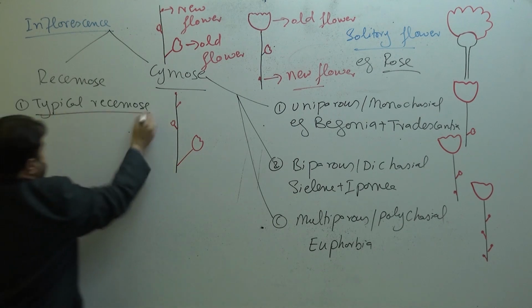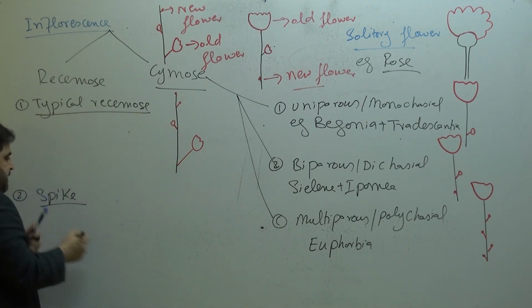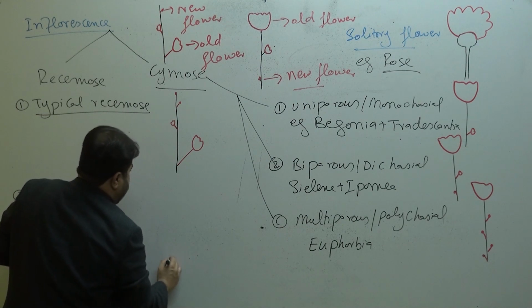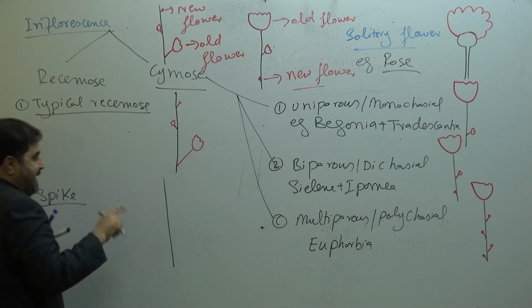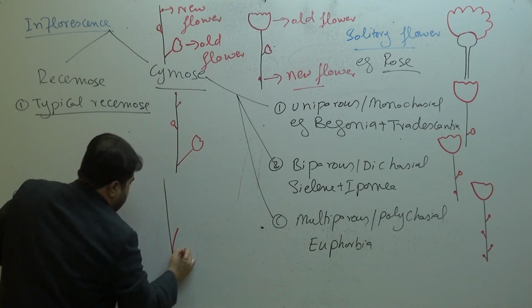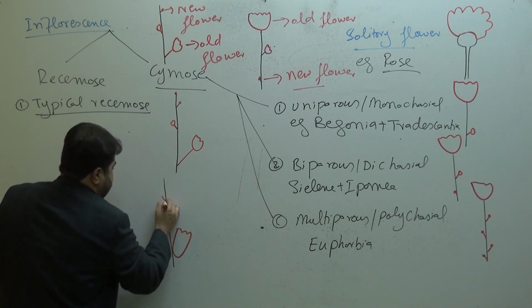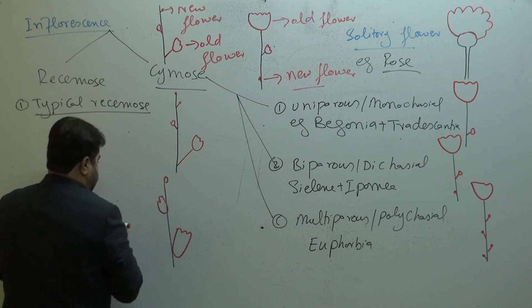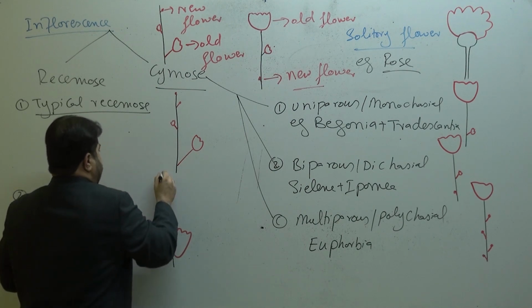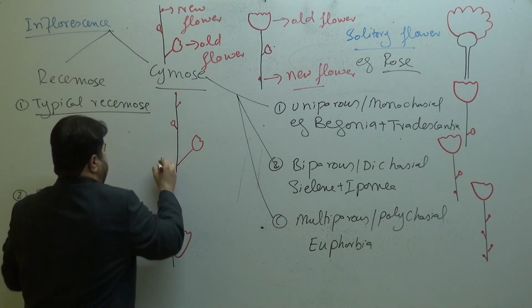In a spike, the main axis continuously grows and produces flowers, but here the flowers are sessile. The flowers are without pedicels.